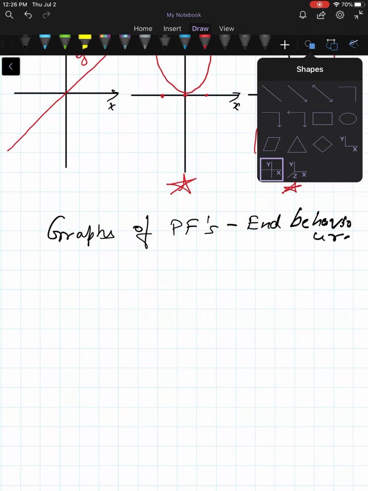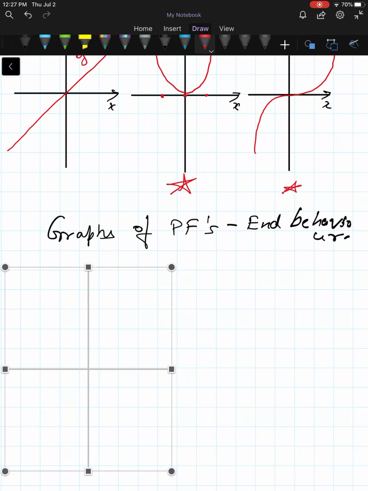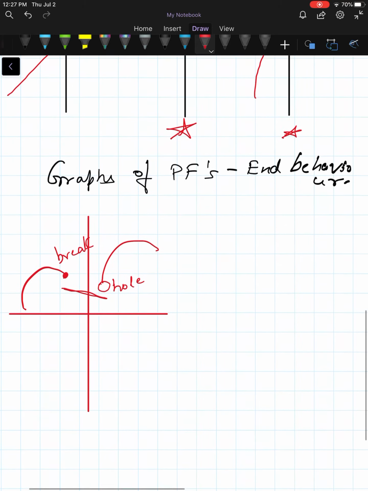So for example, if I have a graph like this, a hole is nothing but a hollow circle. There is a hollow circle. This is a hole and this is a break. There is a break in this region. So break and hole.